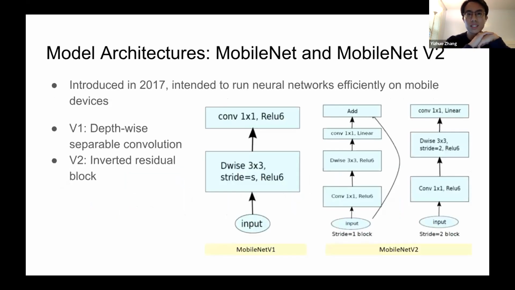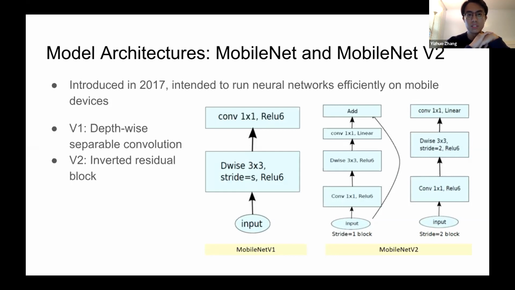And the next milestone, I would say, is Mobilenet in 2017. Mobilenet has two versions, V1 and V2, and both of them are very important because they have something very unique. In V1, it introduces the depth-wise separable convolution.